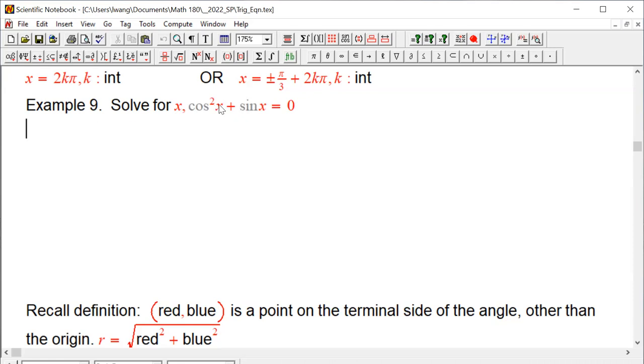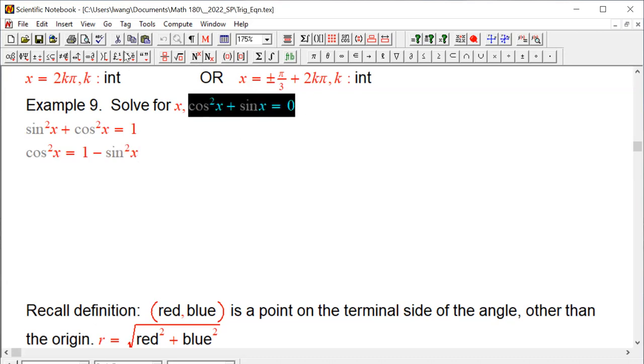Because we know that sine squared x plus cosine squared x equals 1. So I can replace cosine squared x by 1 minus sine squared x.